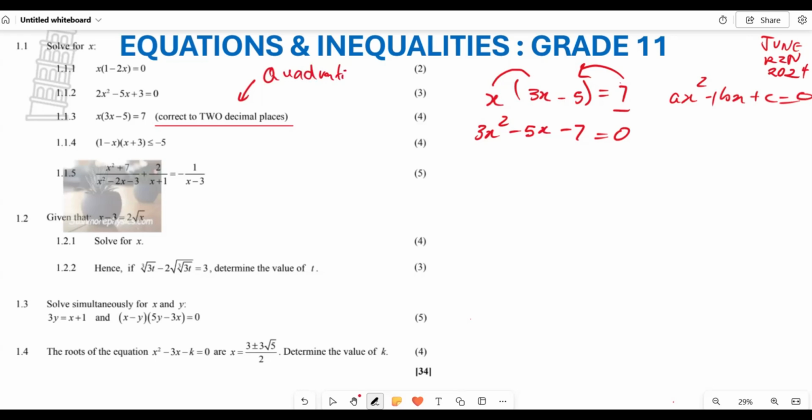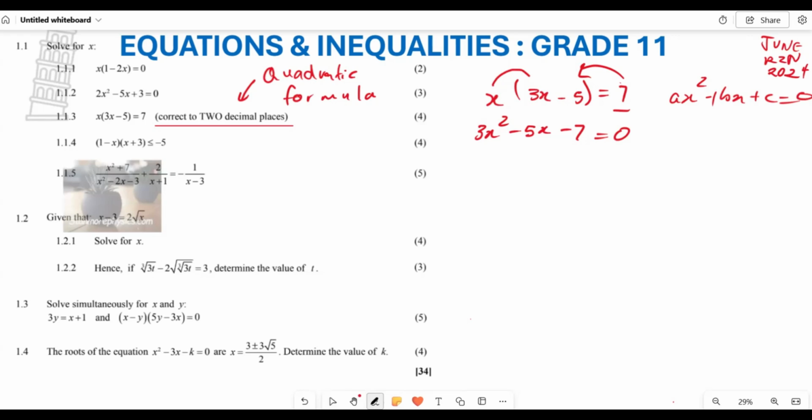This particular equation is not factorizable, so we need to use our quadratic formula. Whenever you see where they say correct to 1 or 2 decimal places, you need to know that the equation is not factorizable, and the only way you can solve it is by using the quadratic formula. Are you together, right?